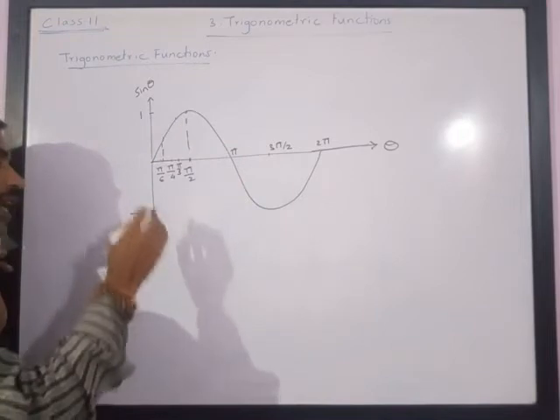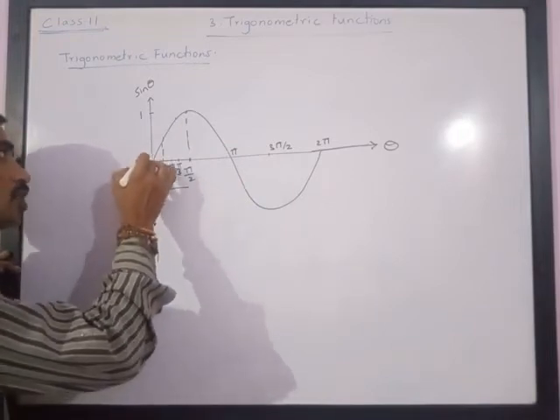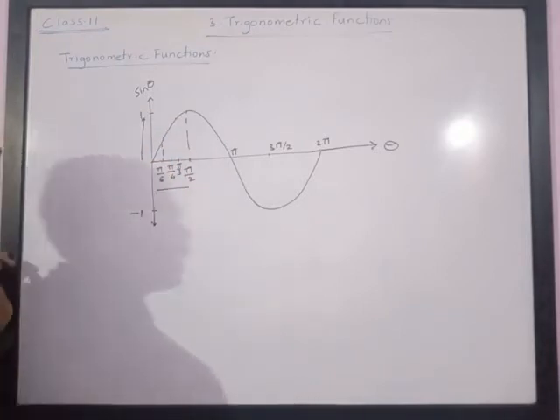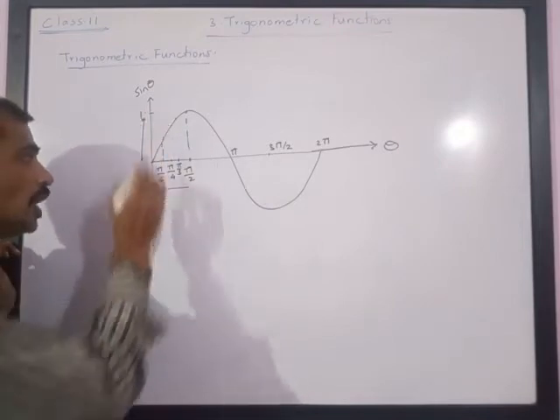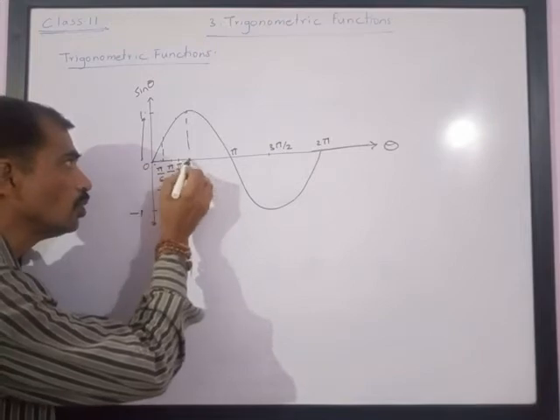So if you see the sine value, it increases from 0 to 1 as the angle increases from 0 to pi by 2. Try to understand. Sine value increases from 0 to 1 if the theta value increases from 0 to pi by 2.